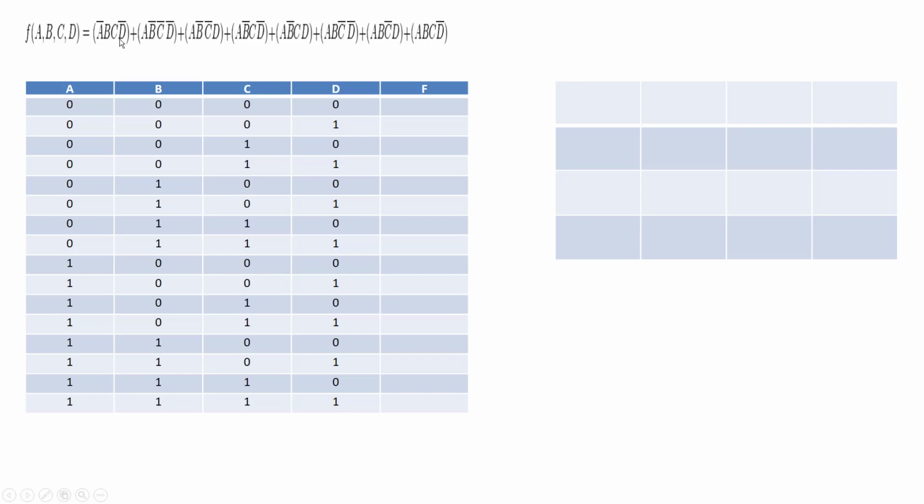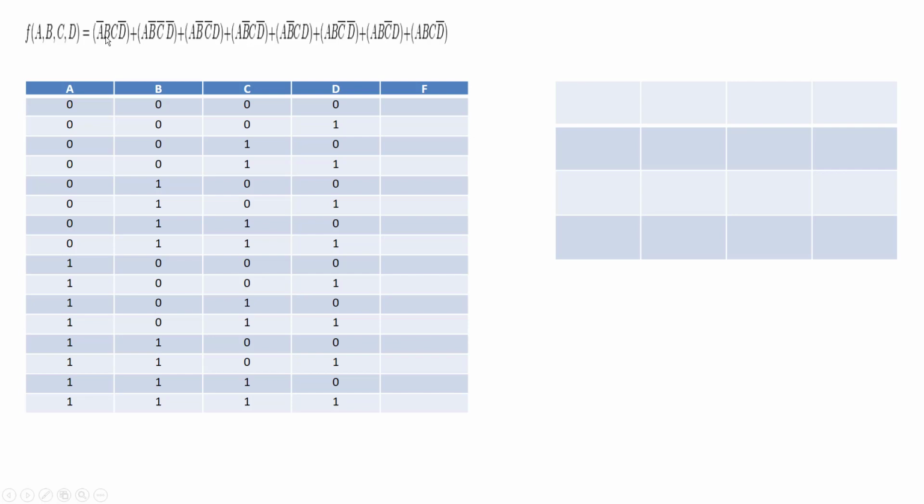That means that each individual term present in the expression evaluates to 1 as well. So all we have to do is identify the row that corresponds to each term and then write a corresponding one to the output F. The rows that are left after this will be written as zeros.